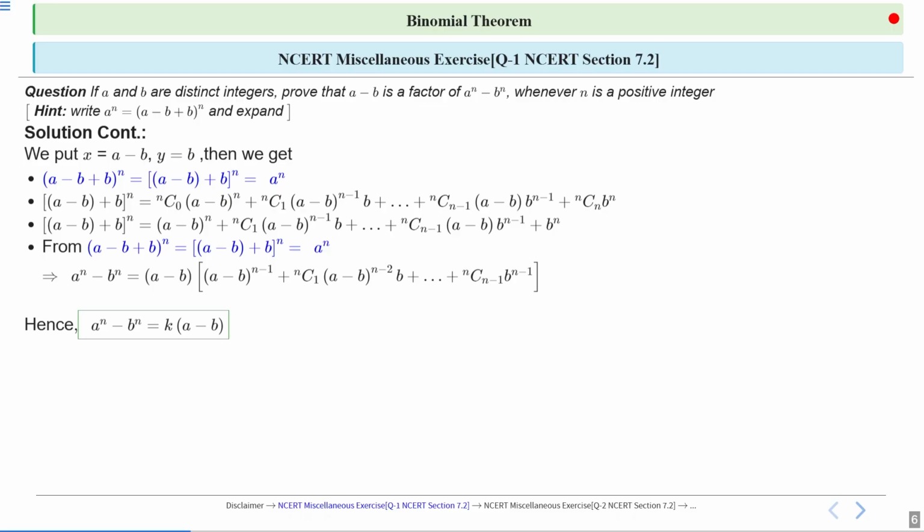So we conclude that a to the power n minus b to the power n equals k times (a minus b), where k is the expression in the brackets, which is some natural number. This confirms that a minus b is a factor of a to the power n minus b to the power n, and we have expressed the difference as a multiple of a minus b.